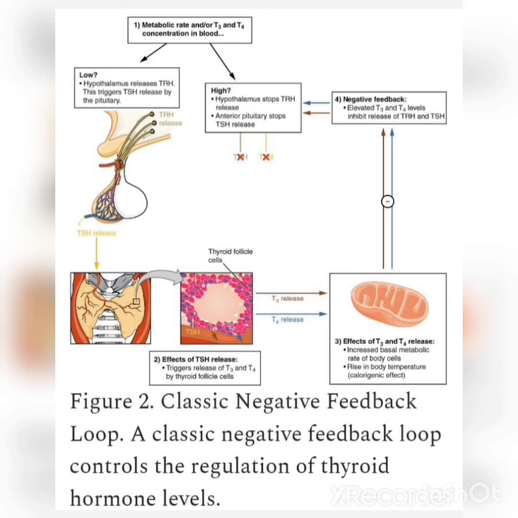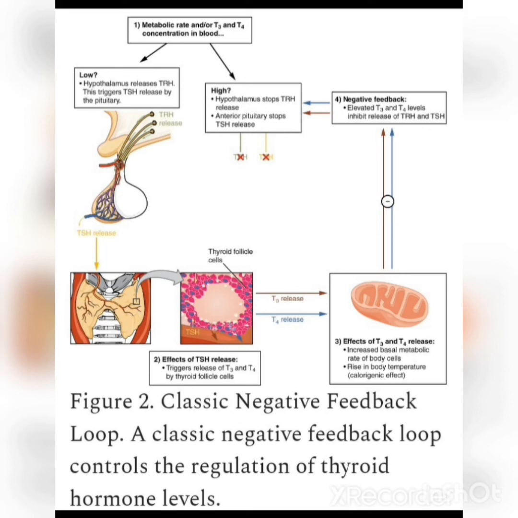These are the two aspects in which we have seen that if the concentration of T3 and T4 is low, and if the concentration of T3 and T4 is high, in both cases the pituitary gland either inhibits or stimulates the TRH hormone. That shows a classic negative feedback loop control.